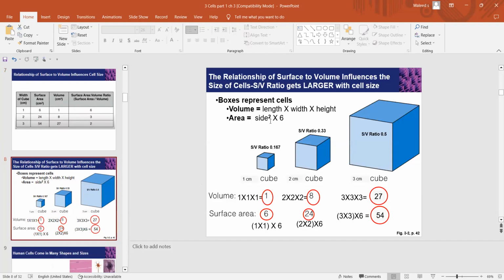Okay. And here it is again, it's giving you the volume is the length, width, and height. This is a cube, so all of them are going to be the same. So if you multiply the 3 together, that's going to give you the volume. Okay. Again, that's not the most important thing.